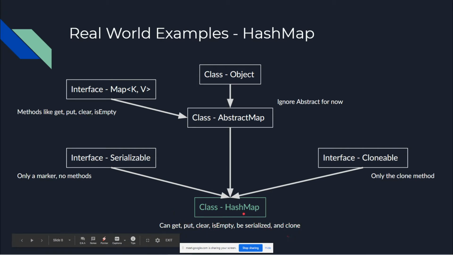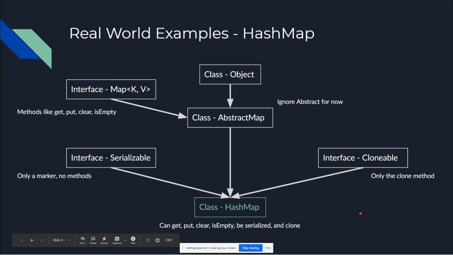And so you can use a hash map as a map, like we did in last week's lesson. You can use a hash map as a cloneable, as a serializable, as an abstract map. Again, polymorphism, just like we talked about last week. Does that make sense? Do you have any questions? Okay, if I'm going too fast, let me know.